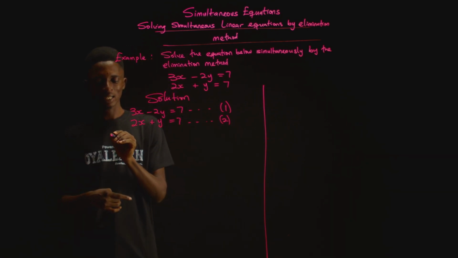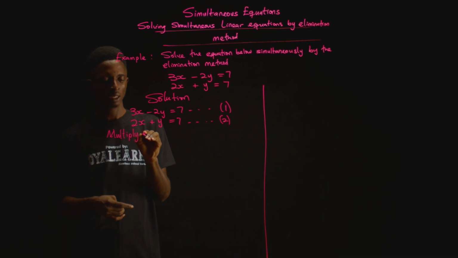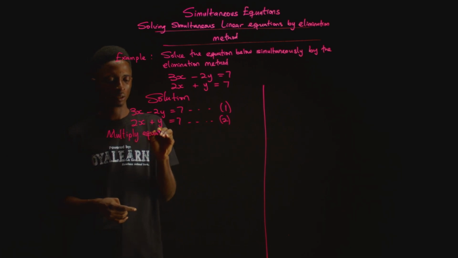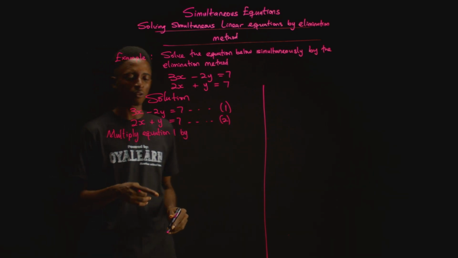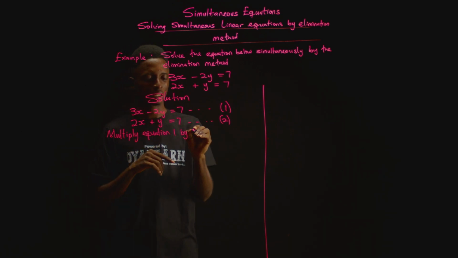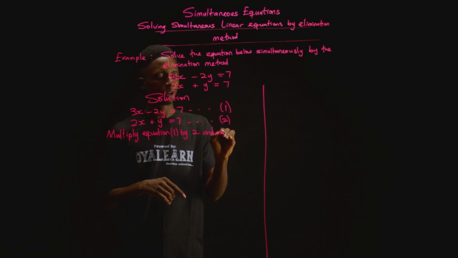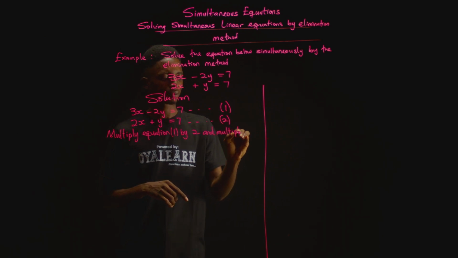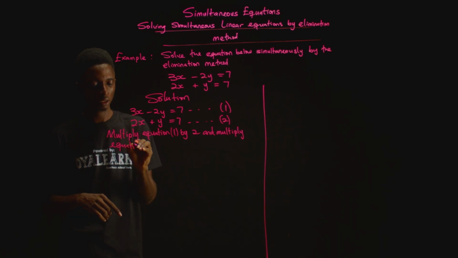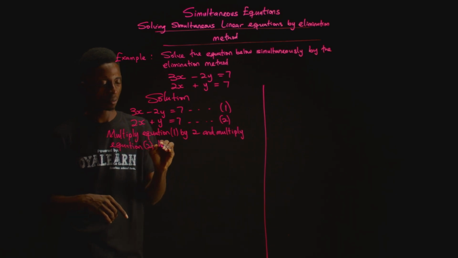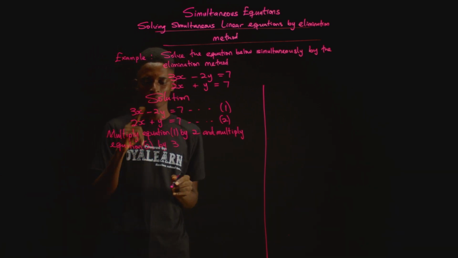To eliminate x, I will multiply equation 1 by the coefficient of x in equation 2, which is 2, and multiply equation 2 by the coefficient of x in equation 1, which is 3.